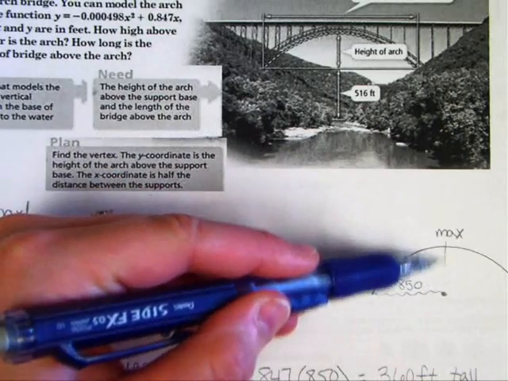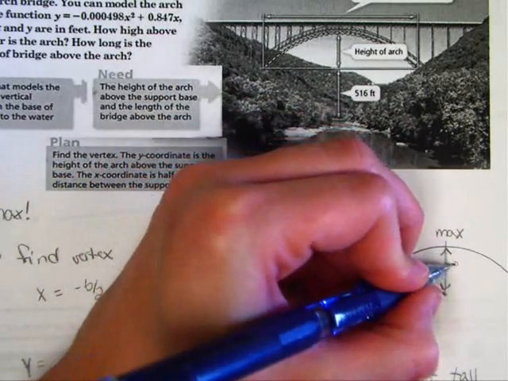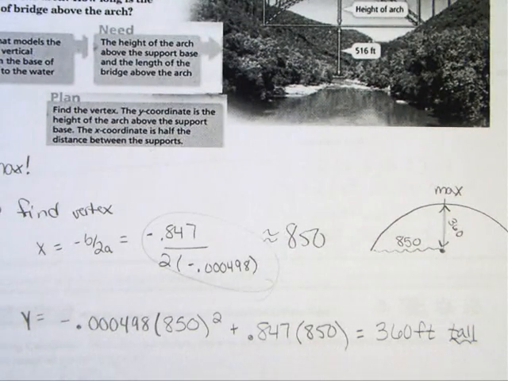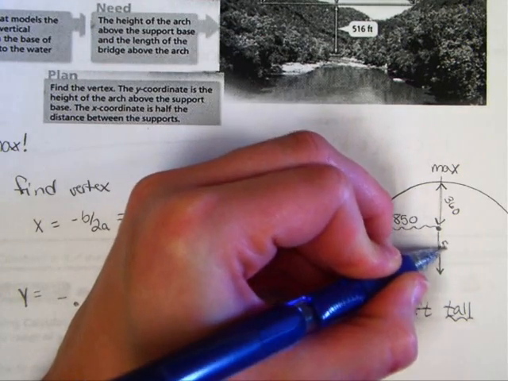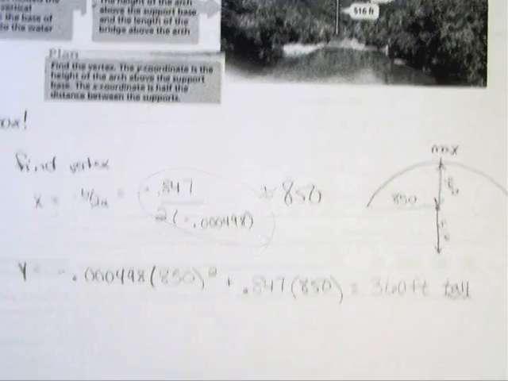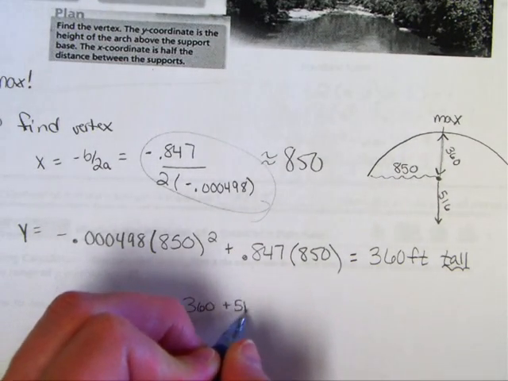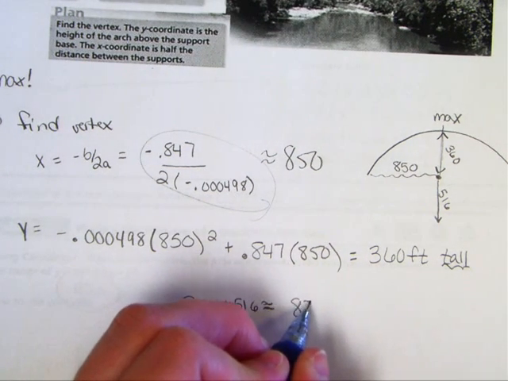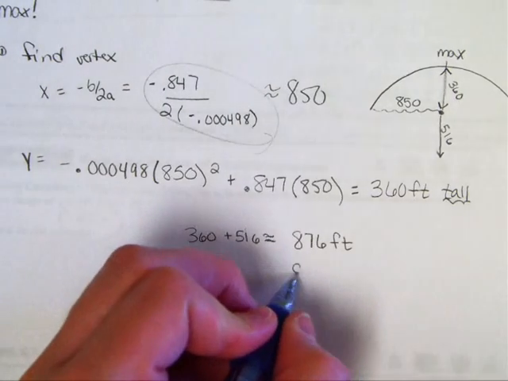Now what you have to realize is that's just this distance here. But remember that this is already above the water. So we have to add on another 516 like the picture says. So we'll do 360 plus 516 and get, approximately, 876 feet above the river.